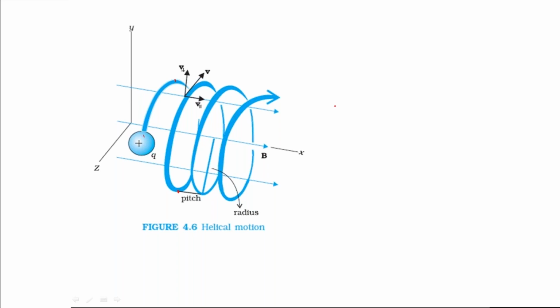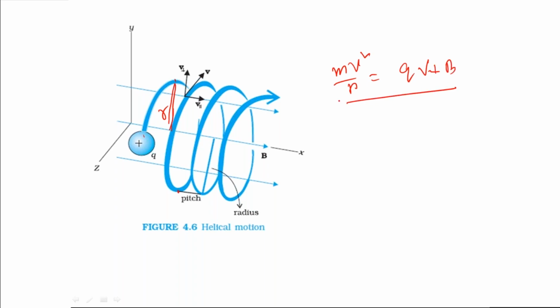But you will be surprised that the radius of this path is the same as for the circular path. If we write m v square by r is equal to q v perpendicular into b, from here you can find out the radius of this helix.